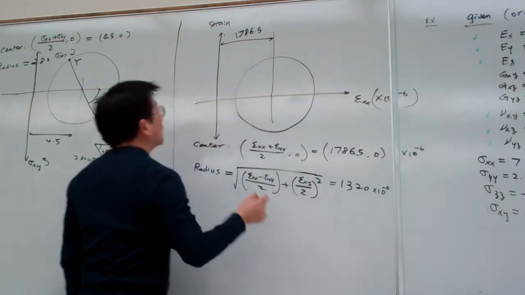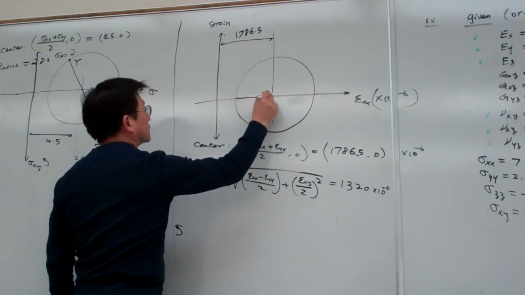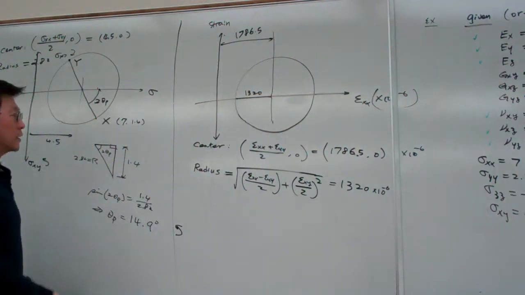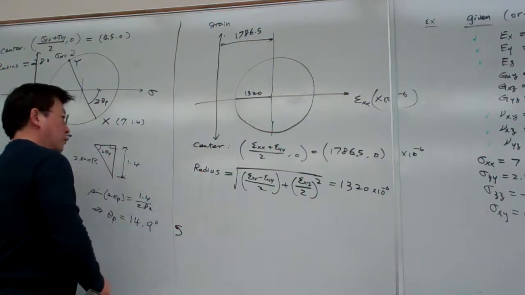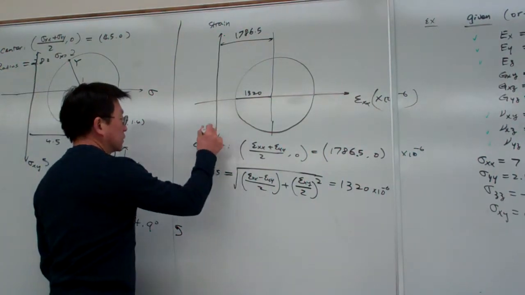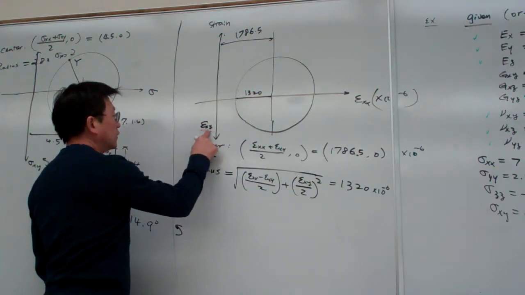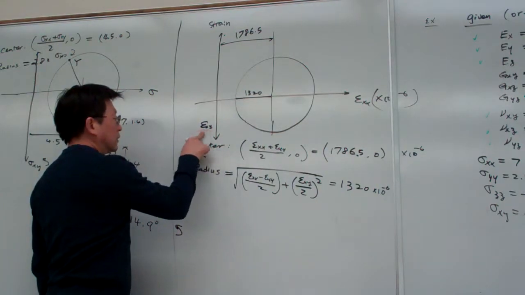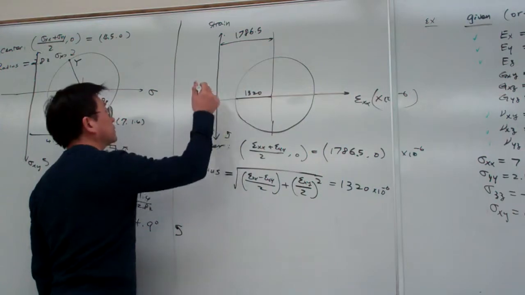And the radius from here to here is 1320. In a similar way, in our notes, I like to use epsilon xy, epsilon y divided by 2. Let me use these notations here.